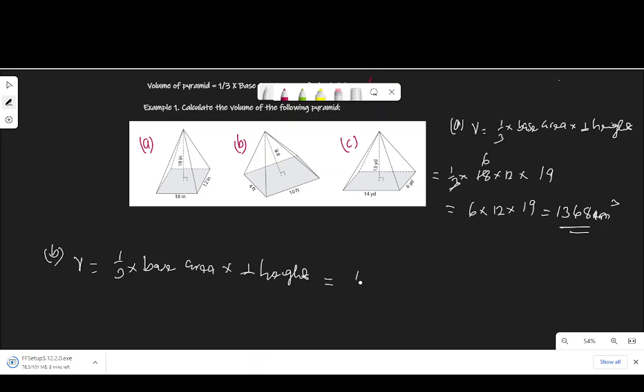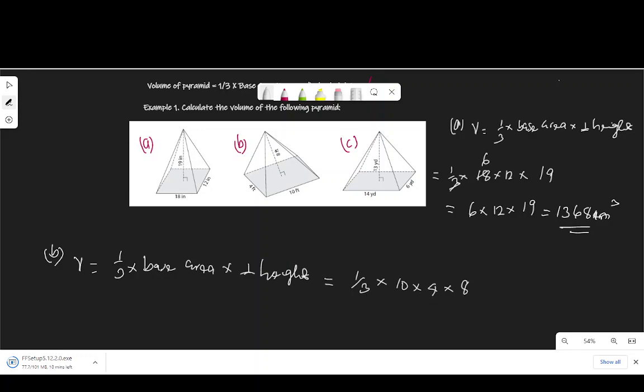And that will be 1/3 times the base area here. Again, the base is a rectangle, so the area of a rectangle is length times breadth. The length is 10, the breadth is 4, and then the perpendicular height is 8 feet right there. So 1/3 times 10 times 4 times 8.